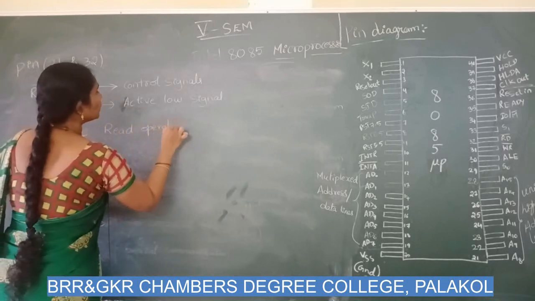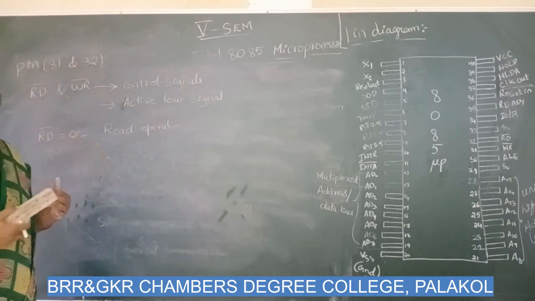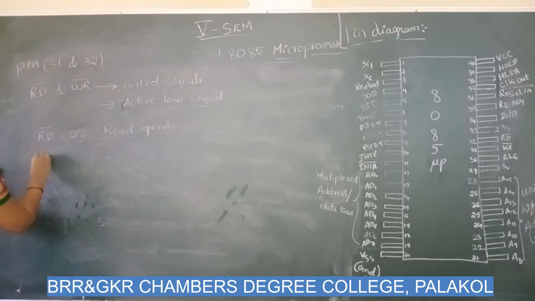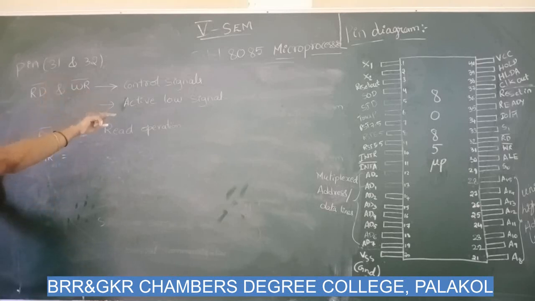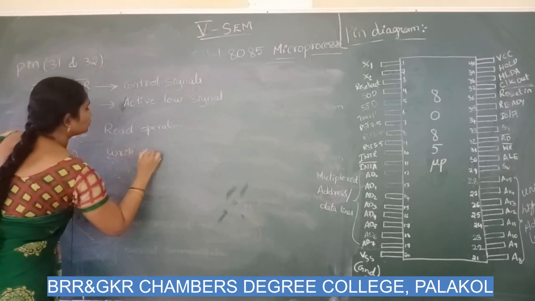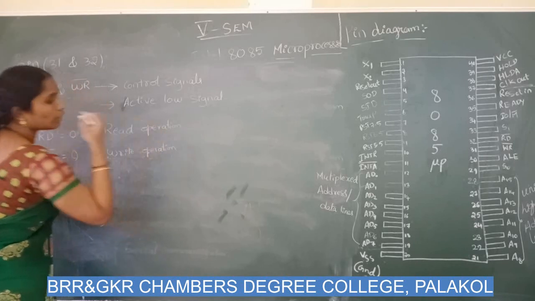It will perform the read operation. That means it will read the data from memory to the microprocessor. After that, WR bar is also an active low signal. If WR bar is equal to 0, it will perform the write operation.